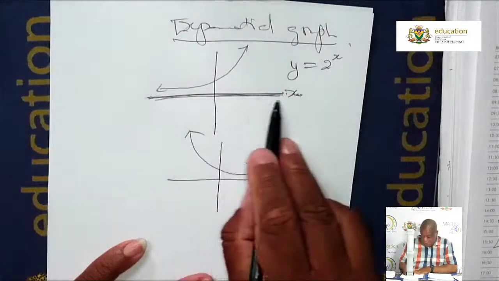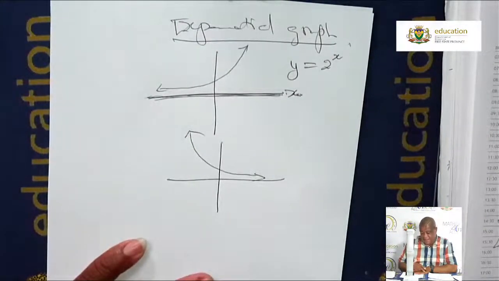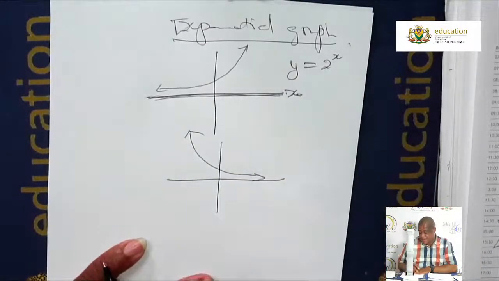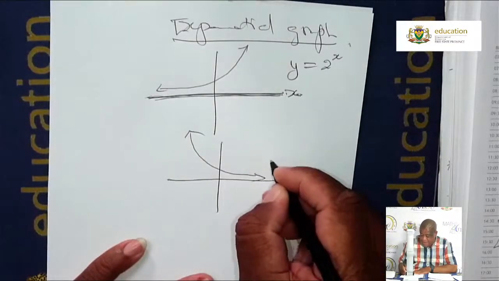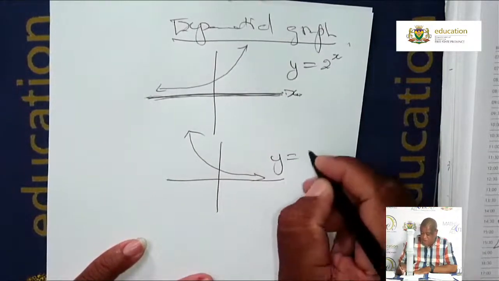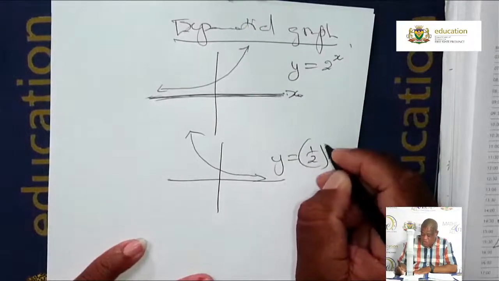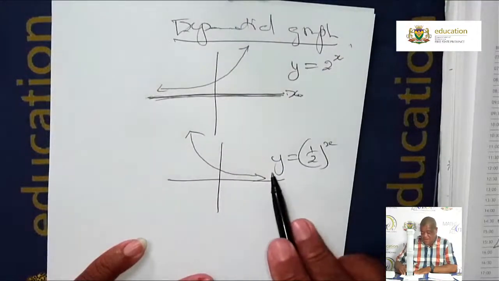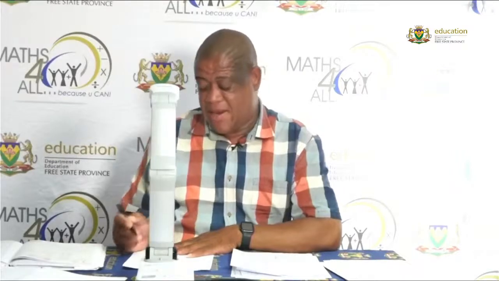It's an increasing function because that base is a whole number, not a fraction. But this type, we may find being y is equal to maybe 1 over 2 to power x. That one has got the base of a fraction. That's why our graph is decreasing, but with just one asymptote as compared to the previous one of the hyperbola, which had 2 asymptotes. This one has only 1 asymptote.